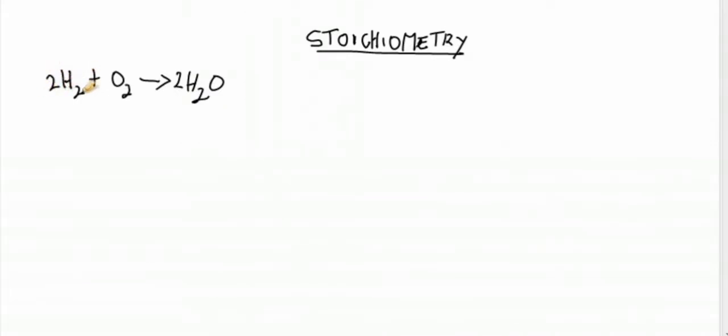Now the word stoichiometry comes into play when we look at the quantity of reactants used and the quantity of product formed. So therefore we can say stoichiometry is a quantitative study of the reactants and products in a given chemical reaction with respect to the balanced equation of the reaction.